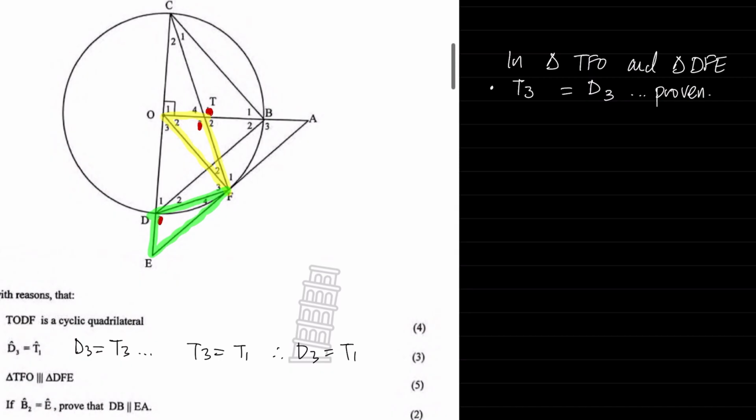Now we need to show why angle F here is equal to angle F here. So in other words, we need to show why F4 is going to equal F2. Now the way we can do this is, remember from the beginning we said that this right here is 90 degrees. And because EFA is a tangent, this right here is going to be 90 degrees.